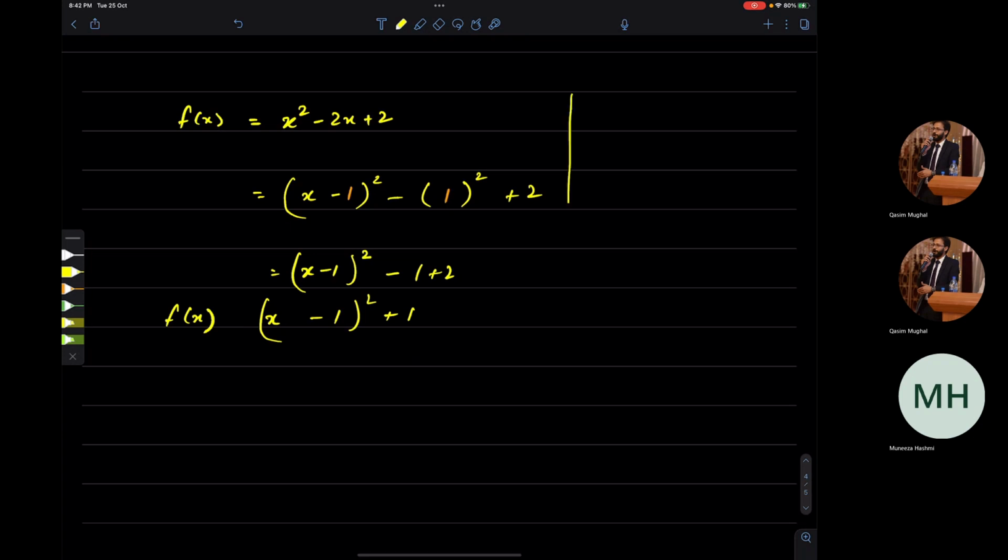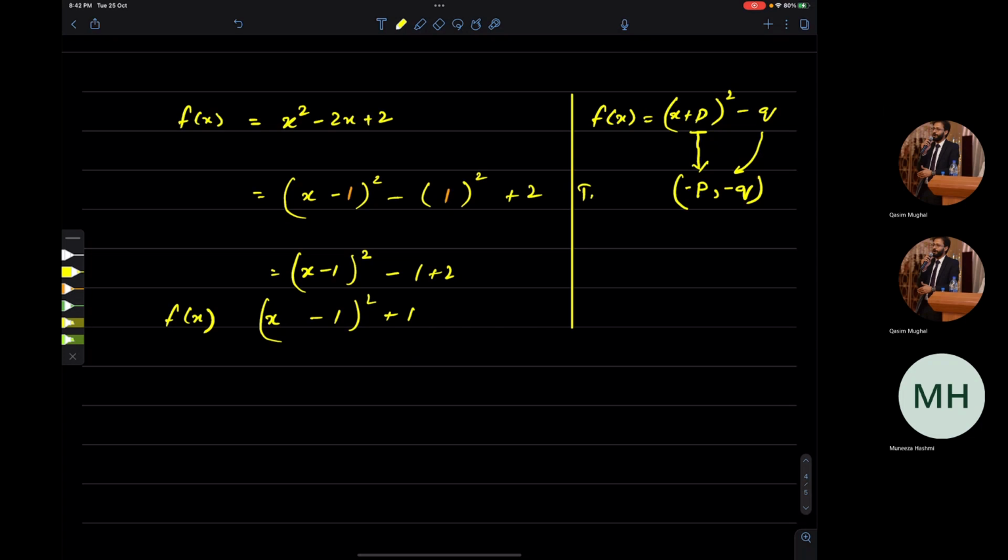Before I jump back to this question, let me put down the general formula as well: x plus p whole squared minus q. This type of question clearly gives you information about two things. One, the turning point, this thing with the opposite sign, and this thing as it is.